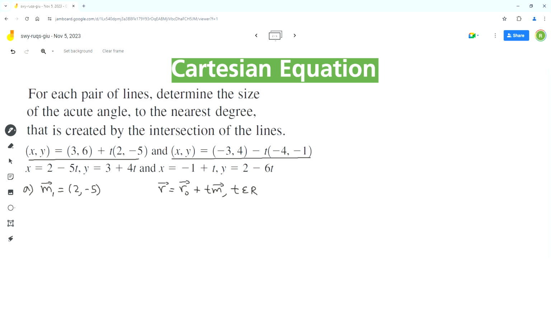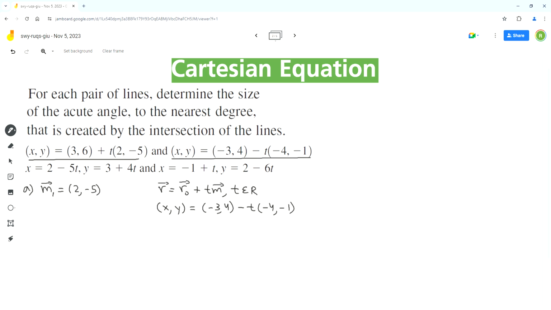So we'll have to modify the second equation in the first pair. We'll have to distribute this negative sign into the vector.